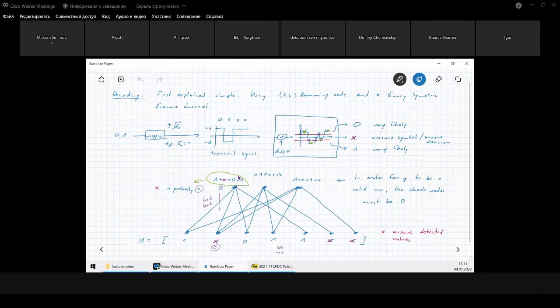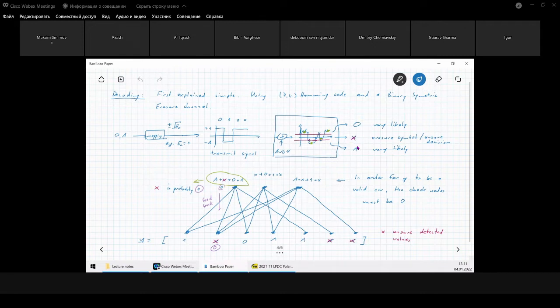So in order for the sum of these four to be 0, this unsafe detected bit needs to be a 0. So basically, we can conclude the value of this unsafe bit from the observations of the other bits. So this is also important for today, as things will become a little bit more difficult.